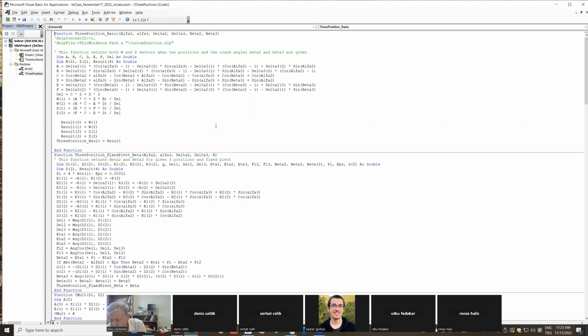I have a 3-position basic function that I can solve a 3-position problem. Later you will see I have another simple function to solve for 4 positions and to solve for 5 positions. Okay, the idea is you have to know how to write these functions.